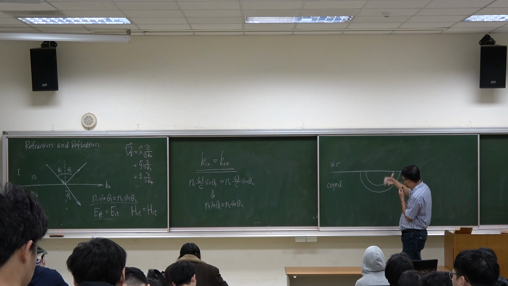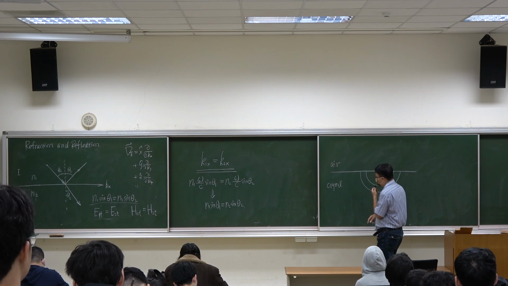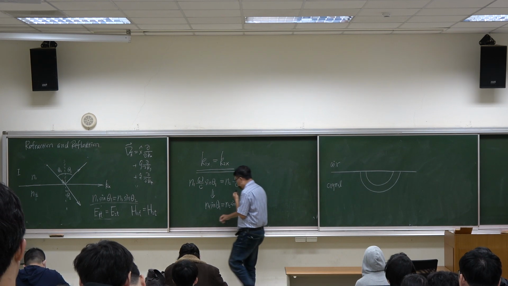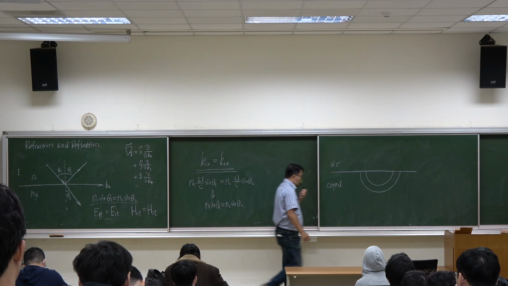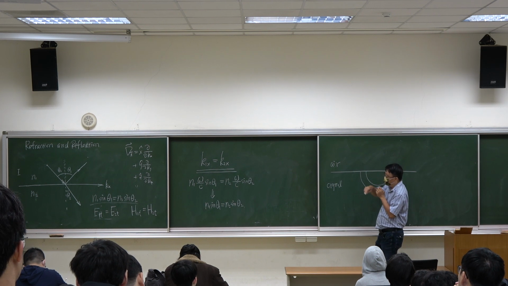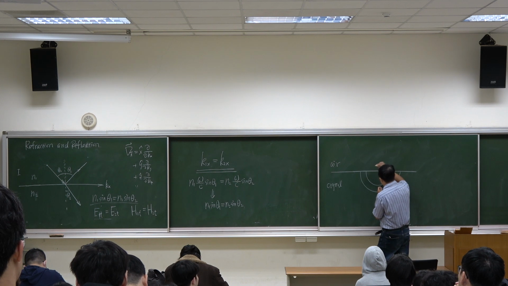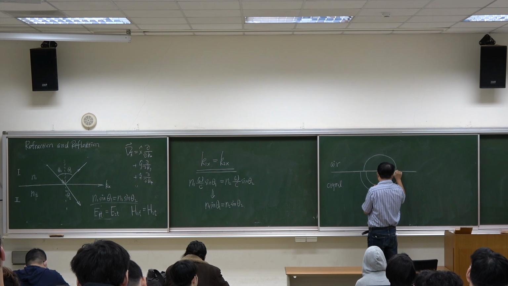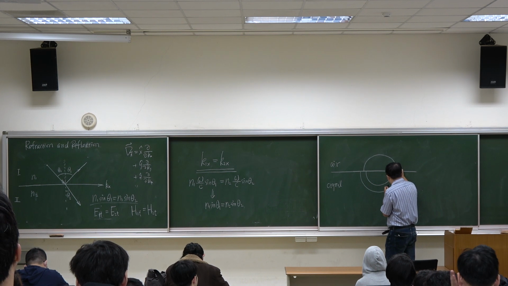In some orientation, it may look like this. And we can also plot the normal surface for light in air. It's just the very usual sphere.